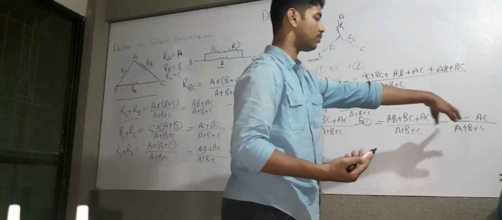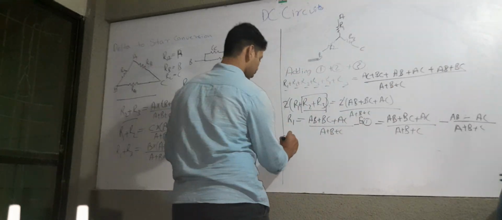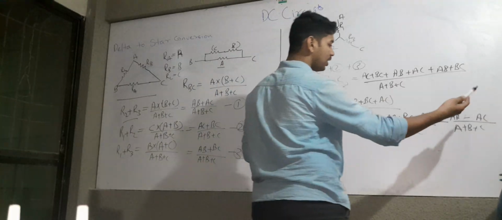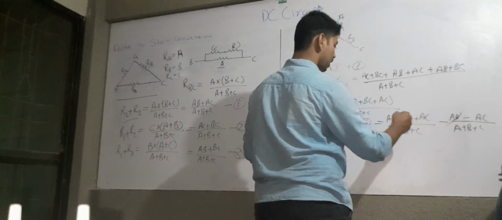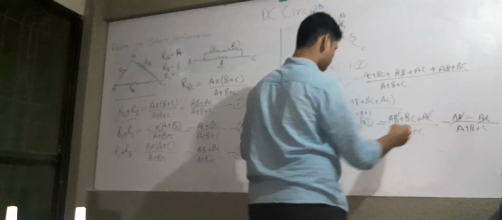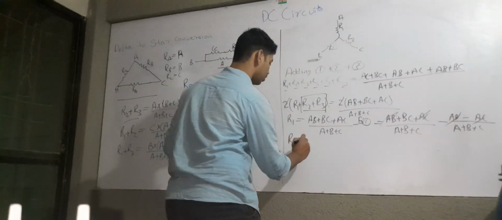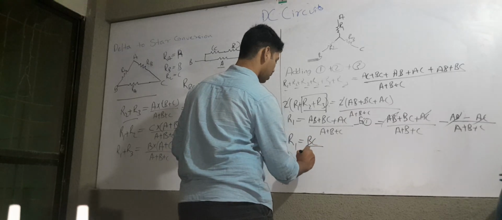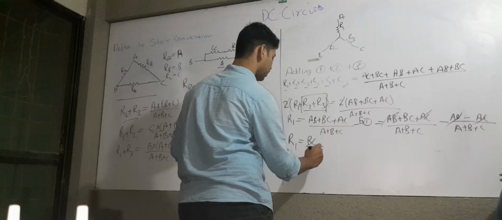That's why we've got both minus. So R1, since the denominator is the same, we can directly do the calculations. AB goes here and AC goes here. So R1 is equal to BC by A plus B plus C.